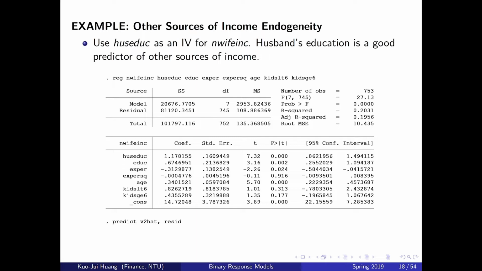And also, the husband's education has no correlation to the error term in the women's labor force participation model. In the first step, we run the regression of non-wife income on the husband's education and other exogenous variables, and the estimation results are as follows. And we estimate the Rivers-Vuong residuals as V2 hat, which is the residual of this model.